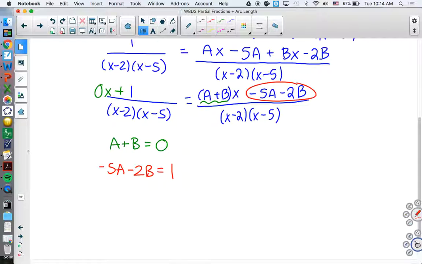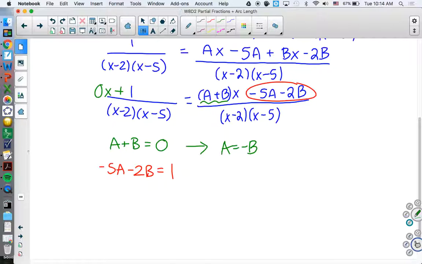Now we just need to solve for a and b. So you can use substitution, you can use elimination, any method so that you can actually find the values for a and b. So it might be helpful to solve one of these in terms of the other. We can solve this out. a has to equal negative b.